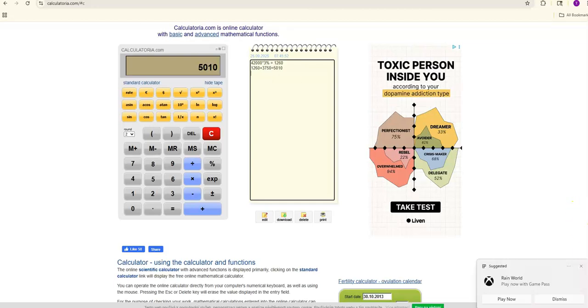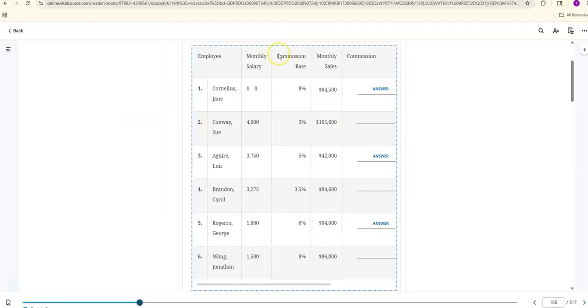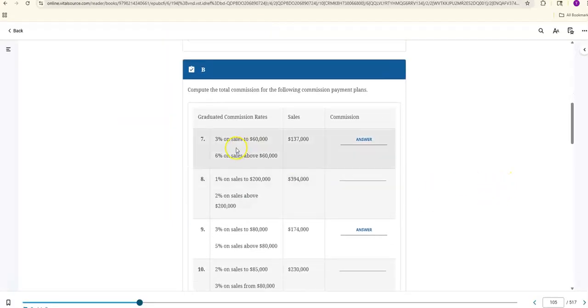But we also have an example here, and I'm going to go over example number 7. And so this section deals with graduated commission rates. And so let's say that somebody earns 3% of sales up to $60,000, and anything above $60,000 earns a 6% commission rate. And let's say that the total sales that this person had was $137,000.